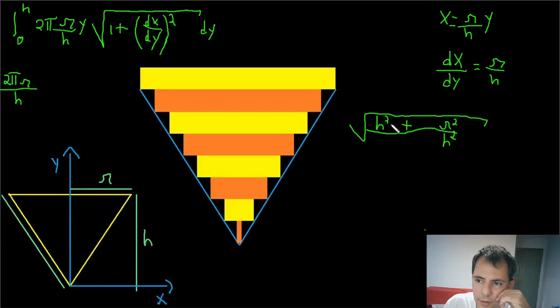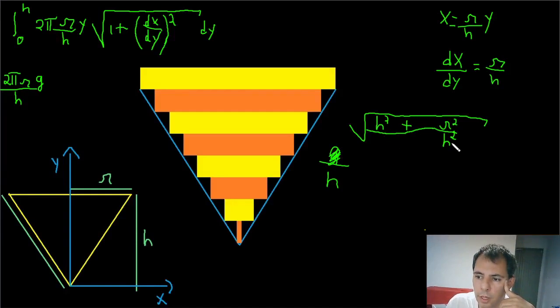So the numerator is G, and it's not going to change according to y, because it just depends on the radius of the base and the height of the cone. So you put a G here. Now what do you have here? In the denominator, the square root of h squared, which is h. So the G stays, and you're just worrying about the denominator now.